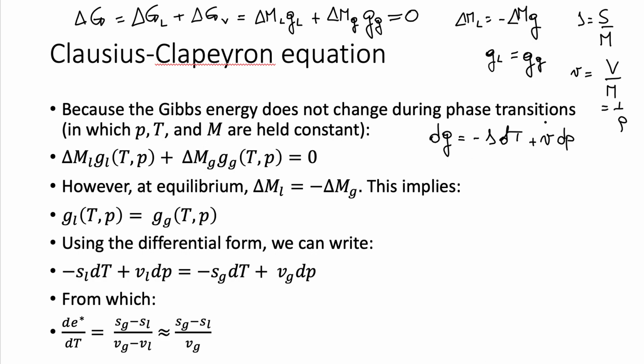It just looks nice to use specific volume. So we can think about infinitesimal changes of Gibbs energy in the liquid and the gas phase, and these will be written in this way. Now, this term actually isn't very big, and we'll ignore it.